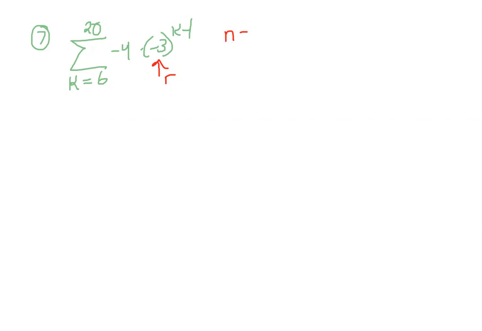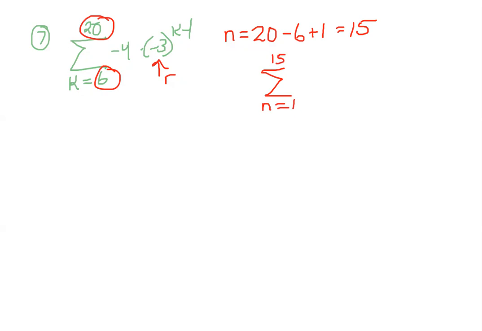N is 20 minus 6 plus 1, which is 15. Okay, you always have to add 1, because look, for the one above it where we went from n equals 1 to 15, and we said n was 15, we didn't take 15 minus 1. That would have given us n of 14. You have to add 1 to that.